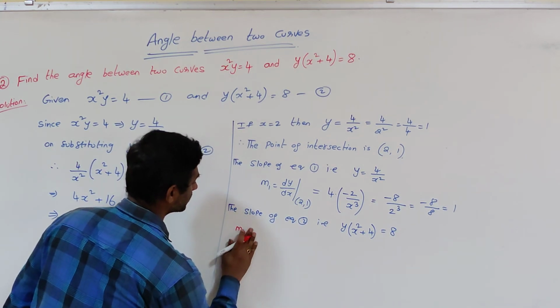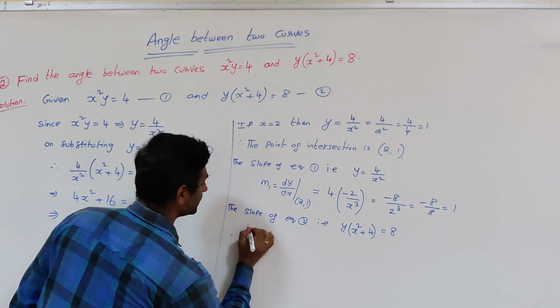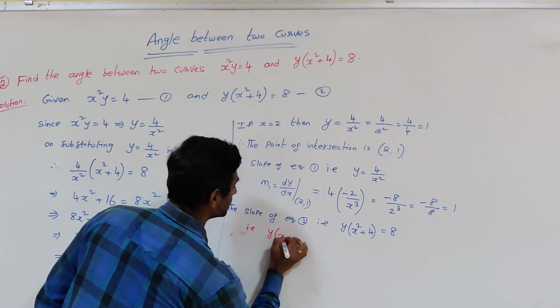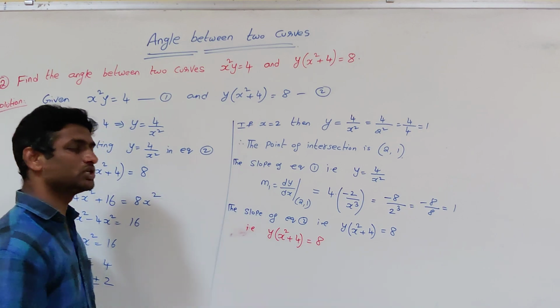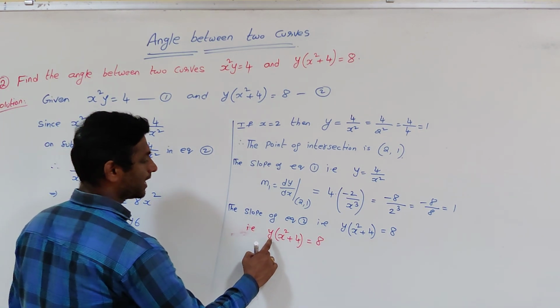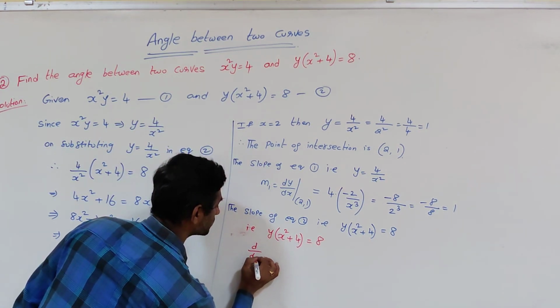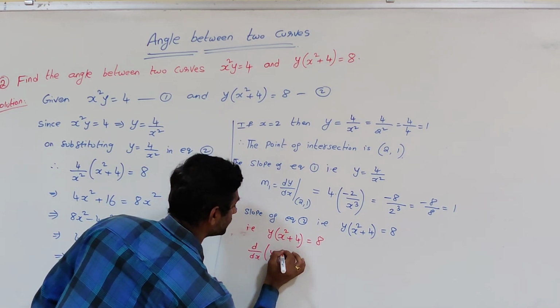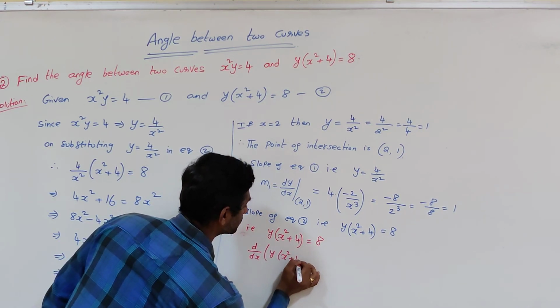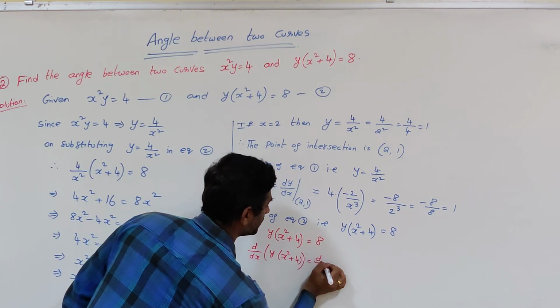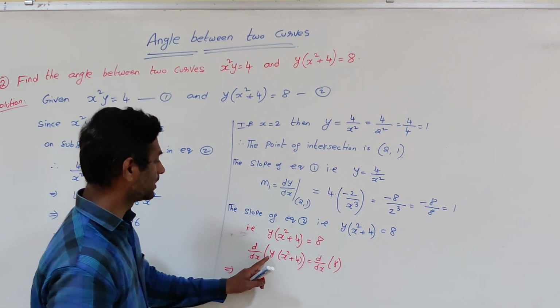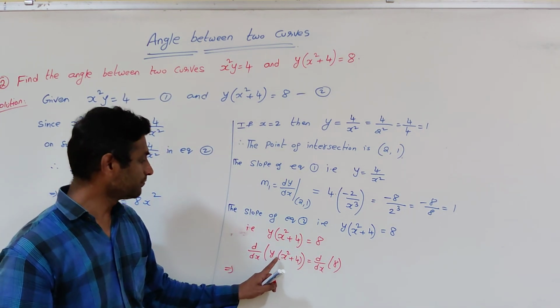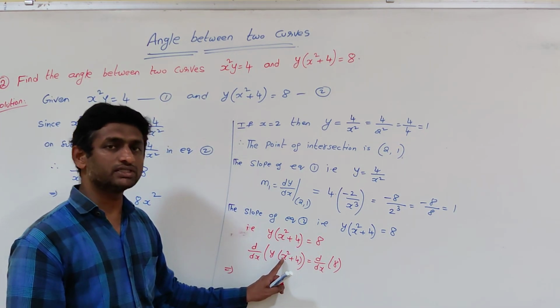So that is y times of x square plus 4 is equal to 8. Now differentiate both sides with respect to x: d by dx of y into x square plus 4 is equal to d by dx of 8.